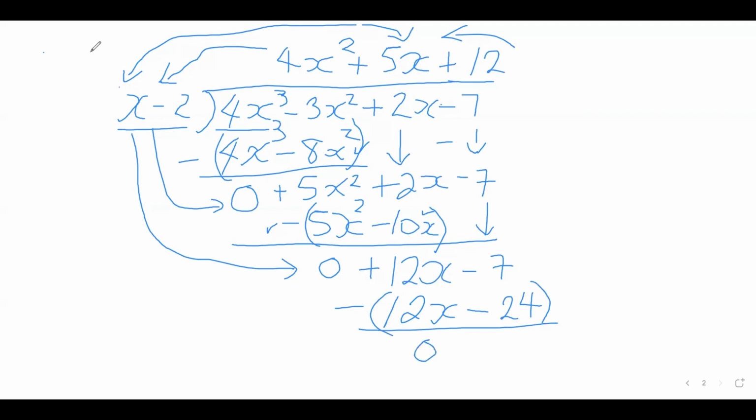This is going to become 0. And 24 positive minus 7 will be equal to 17. So now this will be our remainder. And this would have been the dividend.